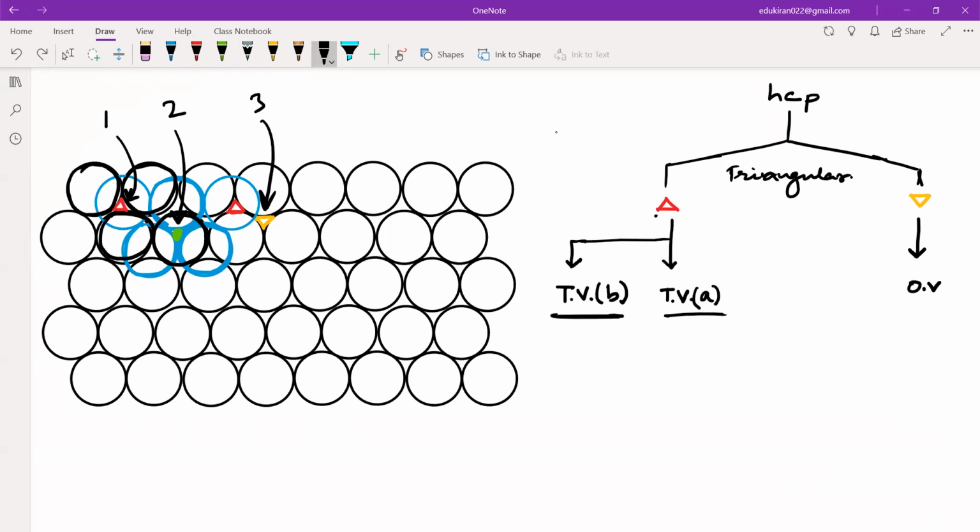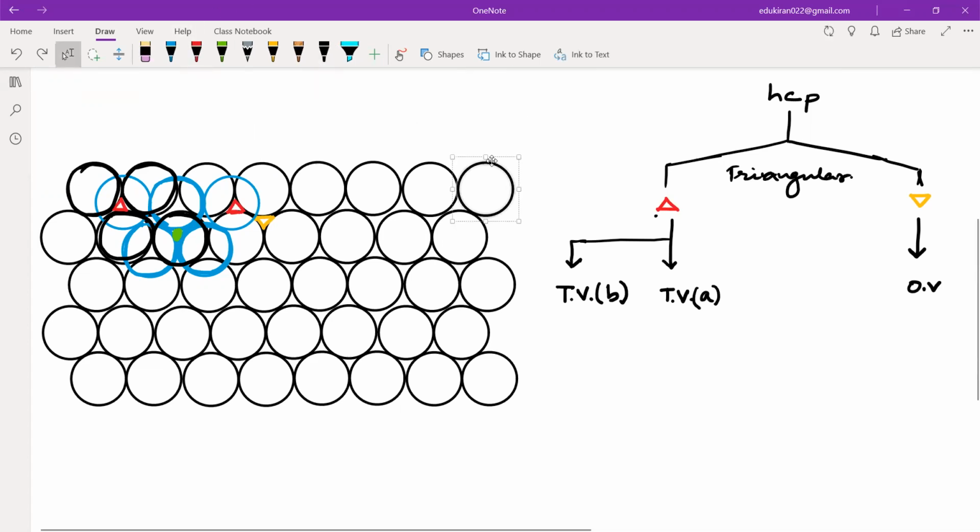It is 1. So now I will try to put an atom on 1. I am trying to put an atom on the first layer. Let me make it green. But in reality, what is happening? I am putting atoms on atoms, right? Yes or no? I have put the green atom on a blue atom, correct?